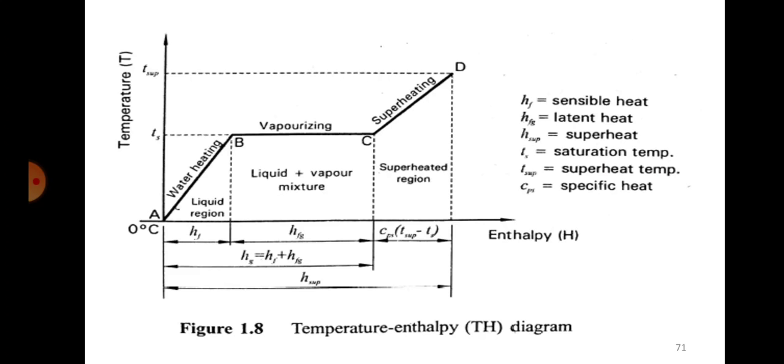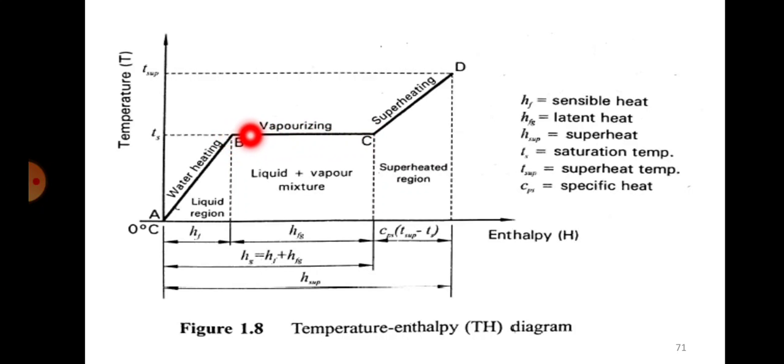Then what is happening to the heat? Whatever heat you are supplying now will be utilized for converting the water into vapor, right? All the water molecules present will start becoming vapor. So if I take any point from B to C, in between there will be some portion of water and some portion of vapor.